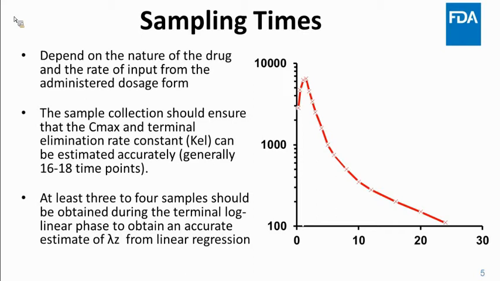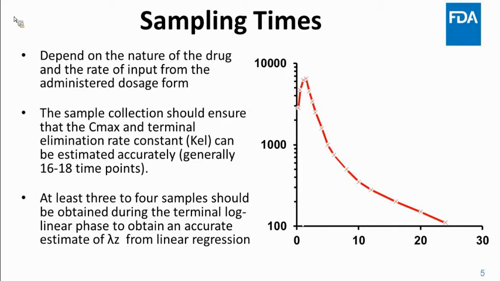For an adequate BE study, the sampling schedule should include frequent sampling around the predicted T maxima to provide a reliable estimate of the peak of the exposure. Particularly, the sampling schedule should be planned to avoid the C maxima being the first concentration time point.